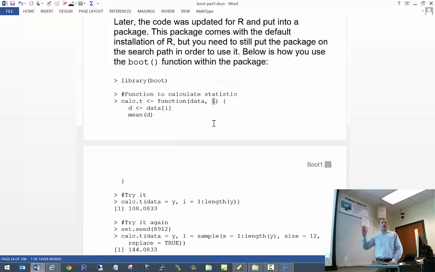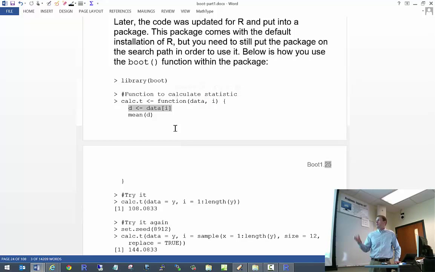one resample at a time, the boot function, it's almost like using the apply function essentially. But the boot function passes in your original data and a resample set of indices for one resample into the calc.t function. And so typically the very first line of your calc.t function will be something like this. You find your resample.